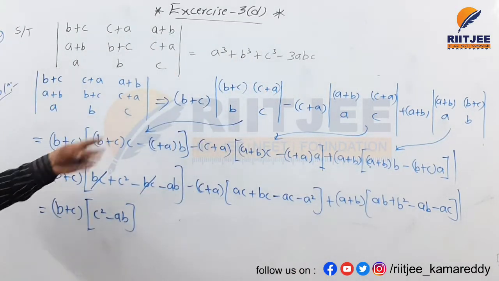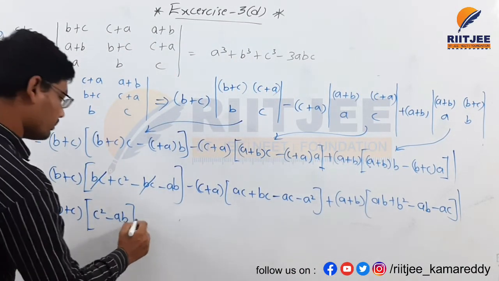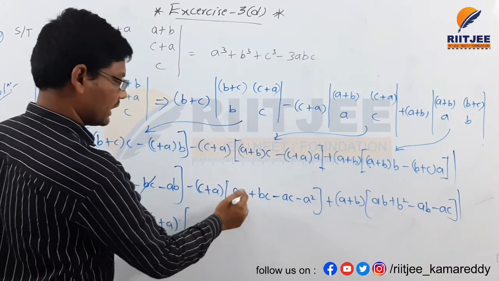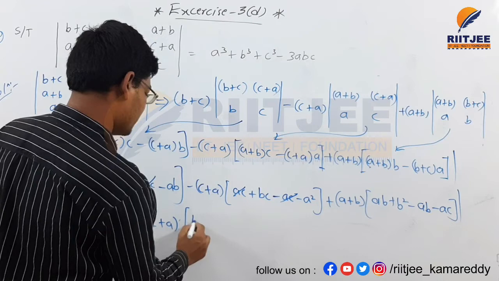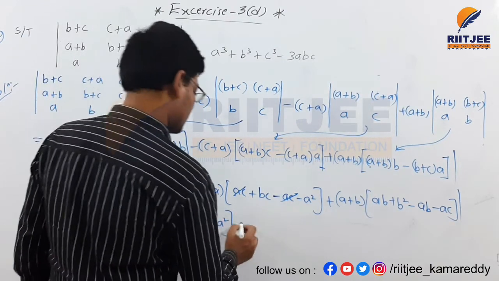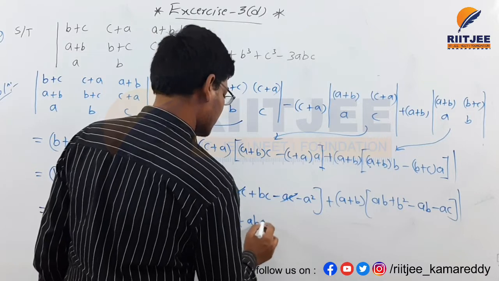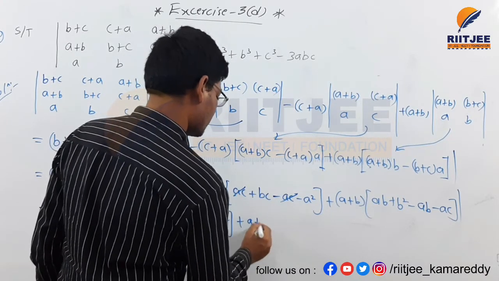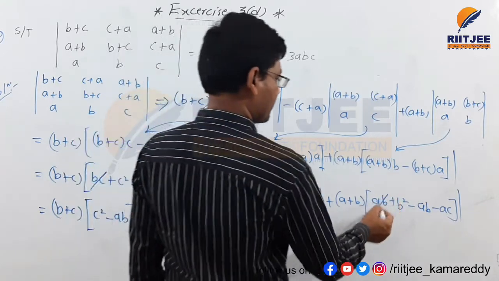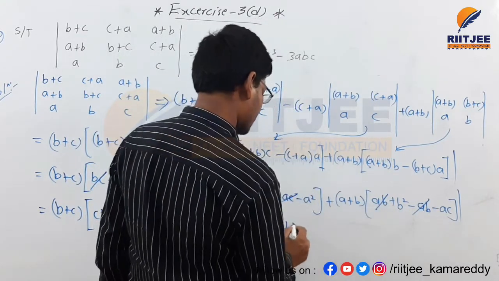Don't get confused. And minus of C plus A, and here plus AC minus AC get cancelled, BC minus A square, and plus AB, plus A plus B, plus of A plus B. Next here plus AB minus AB get cancelled, B square minus AC.